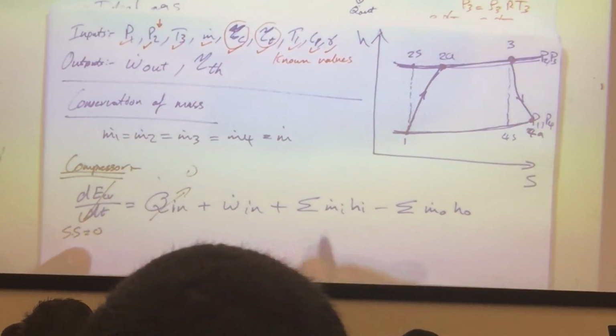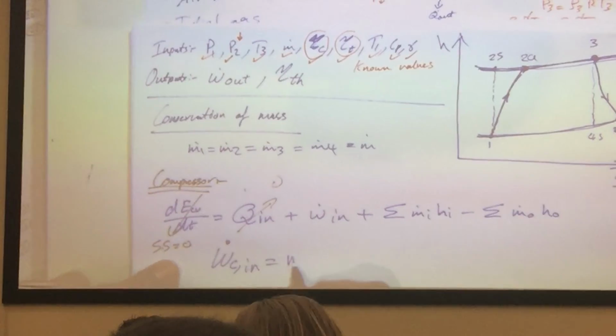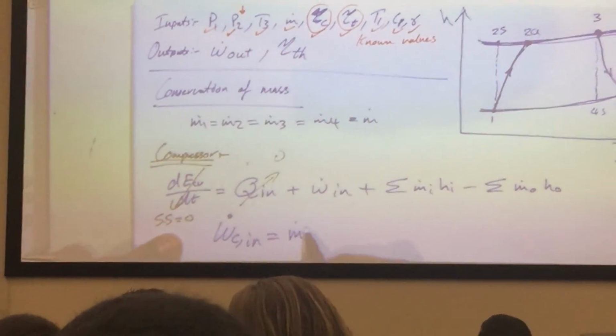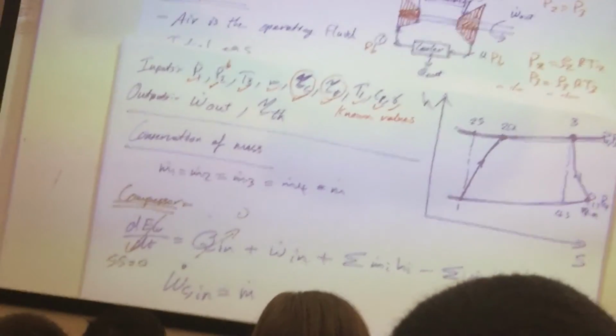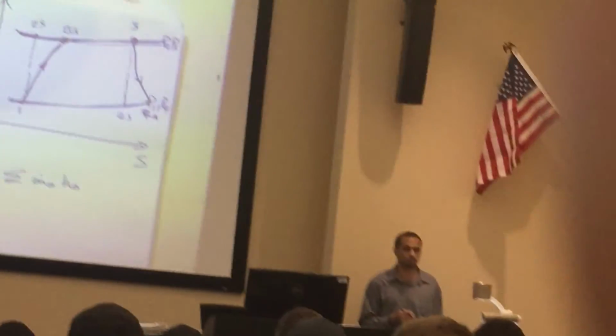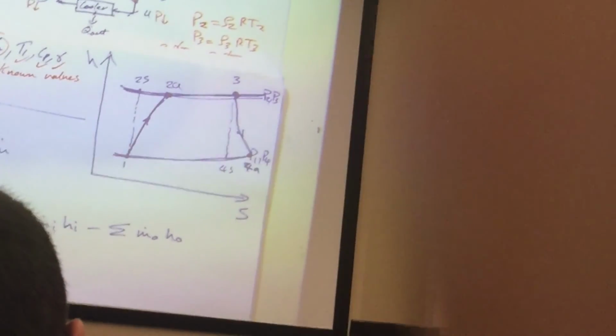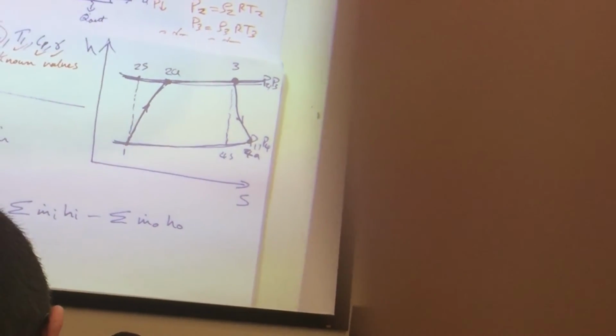So I could say work of the compressor, in rate, m dot, is equal to, what is enthalpy in versus enthalpy out? H in minus H out. Which enthalpies? It's H1 minus H2.